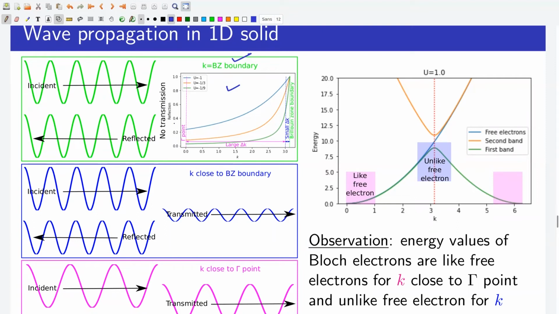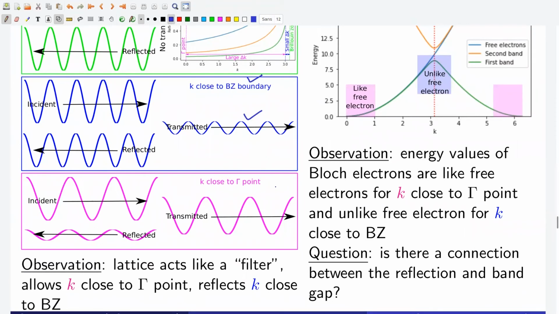If the wave vector is close to the Brillouin zone boundary, the lattice allows a small part of the wave to be transmitted. Amount of transmission depends on the value of U. If the wave vector is close to the gamma point, that is the center of the reciprocal lattice, then a large part of the incident wave is allowed to be transmitted.